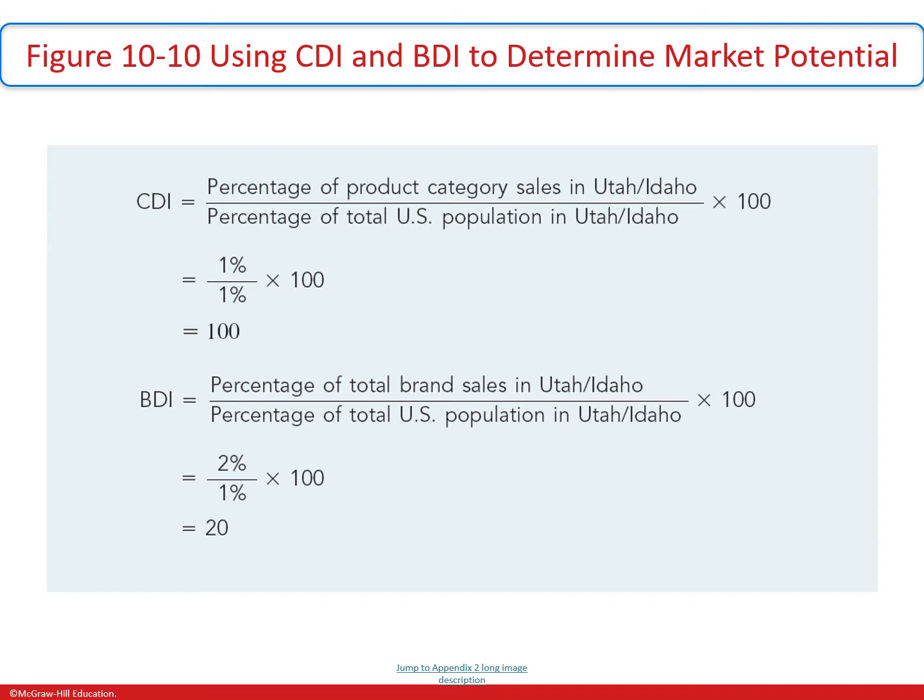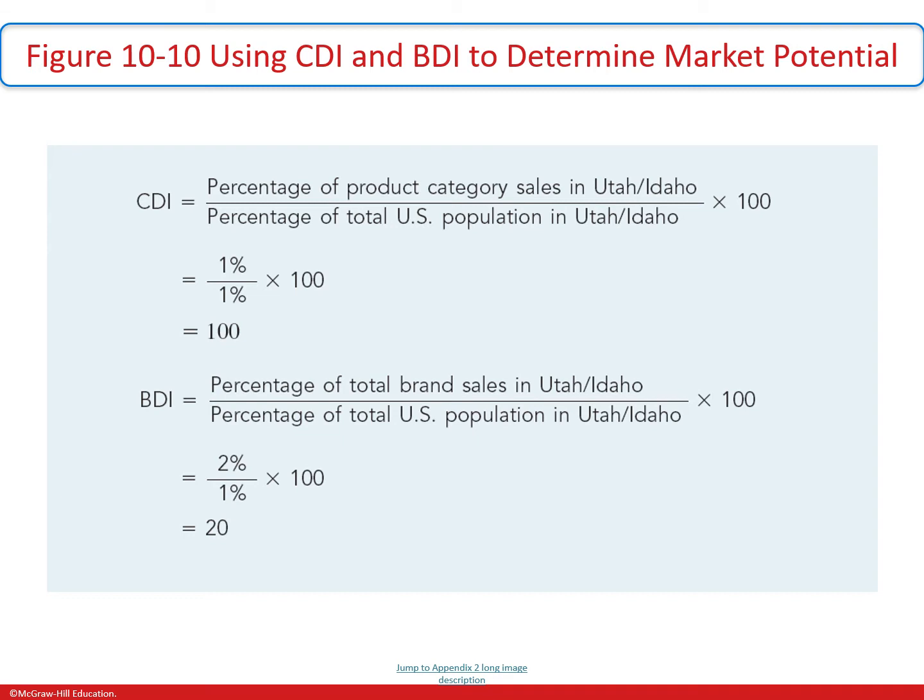So here, the Category Development Index shows for the product category as a whole, right? What percentage of the product category is being sold in that area, and compare that to the percentage of the total population in that area. So say for example, let's use rum.